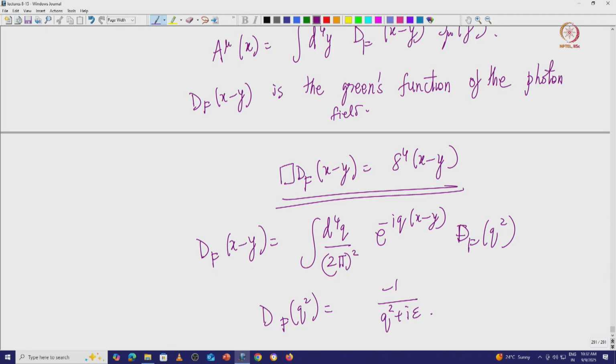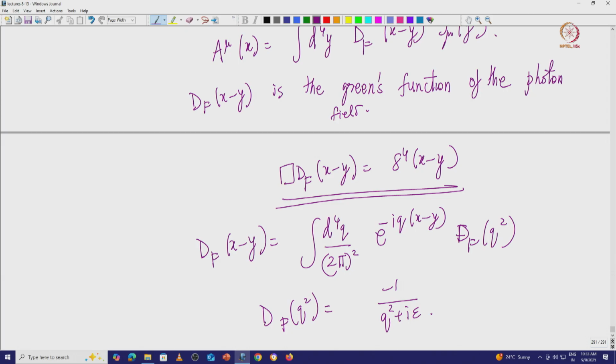Okay. Forward in time is positive energy. Now how do I get this? Exactly the same way. You take the momentum, write the left hand side and right hand side, and expand both in terms of Fourier modes.